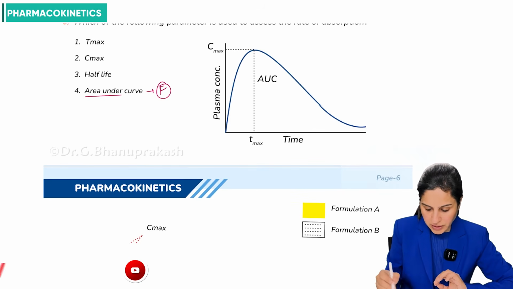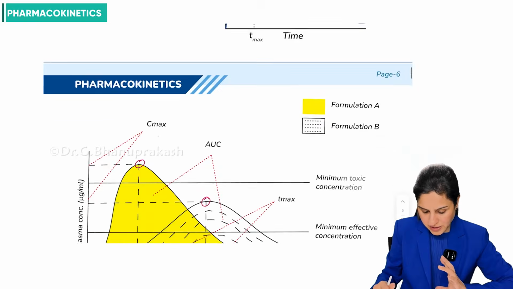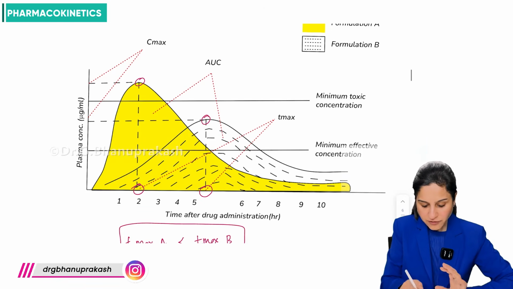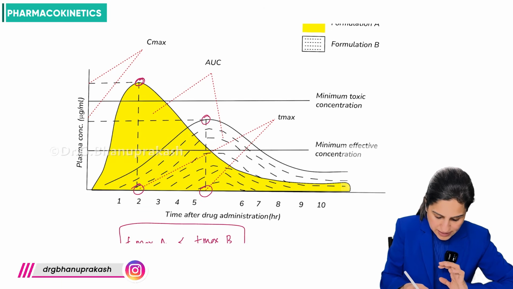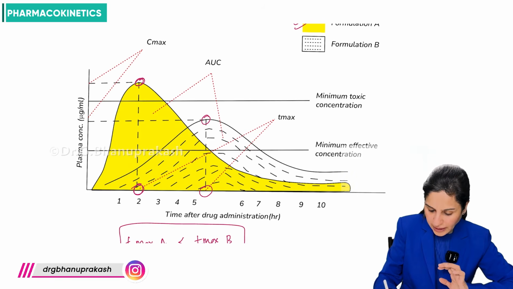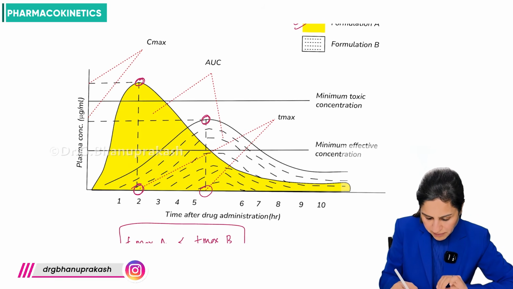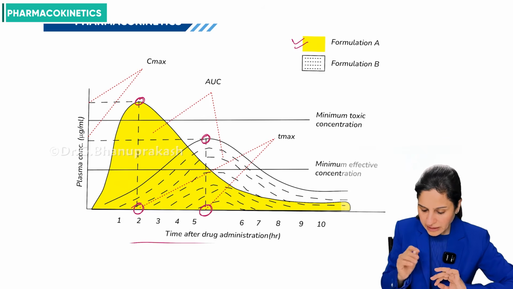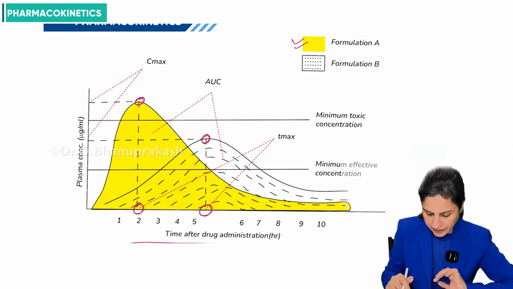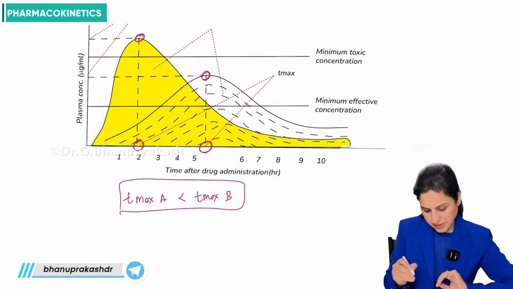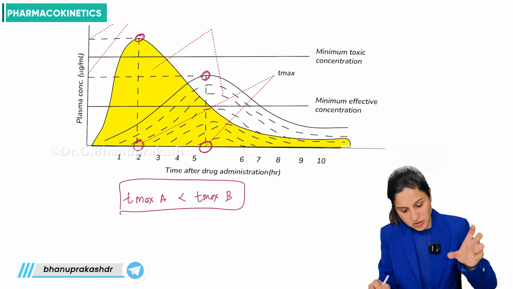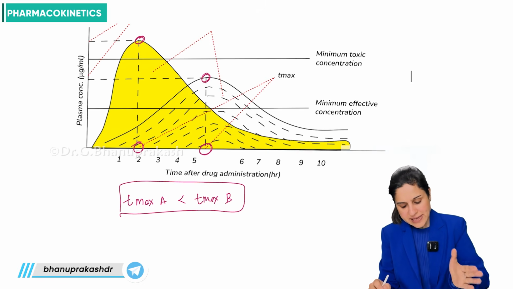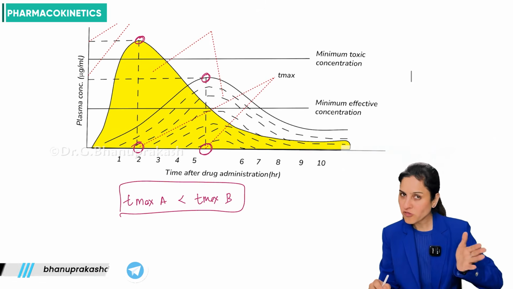So let's first understand this a little more in detail. This is a graph that is available to us, and Cmax and Tmax of formulation A is compared with Cmax and Tmax of formulation B. Can we say here that the Tmax, which is the time taken to achieve the maximum plasma concentration by A, is less as compared to the Tmax of B, right?